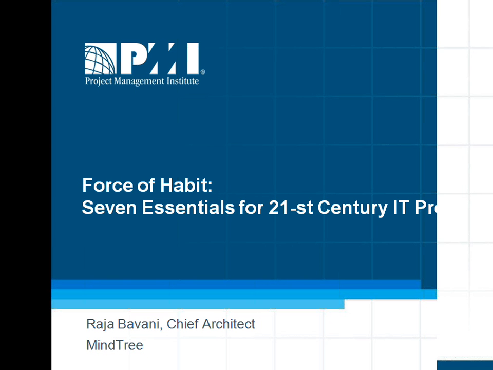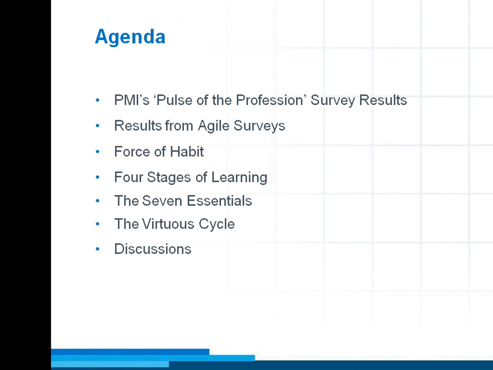As you see in the agenda, we are going to have 5 or 6 distinct parts in this webinar. At the beginning, I'm going to set the context by providing some statistics or survey results, and make all of us understand where we are and the areas that need attention in our industry.